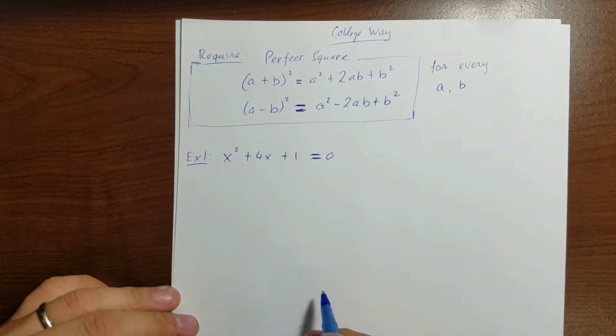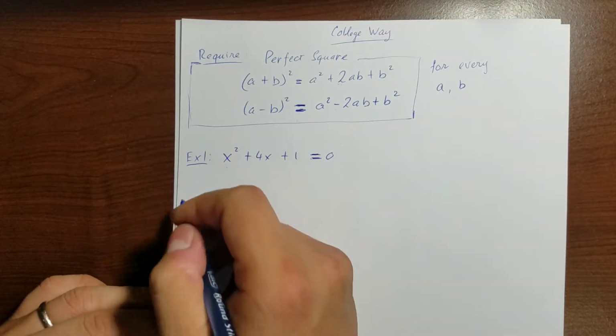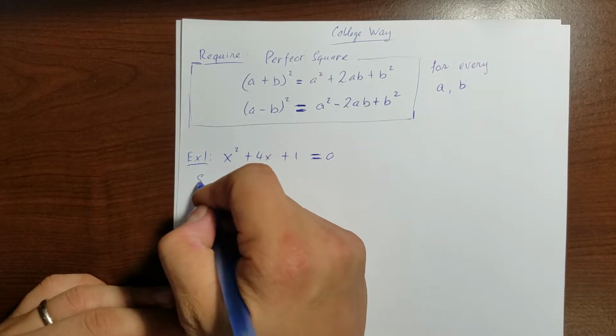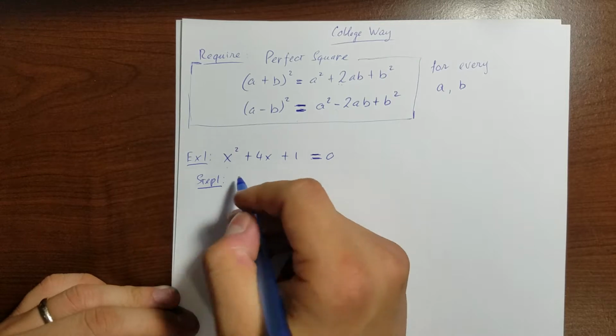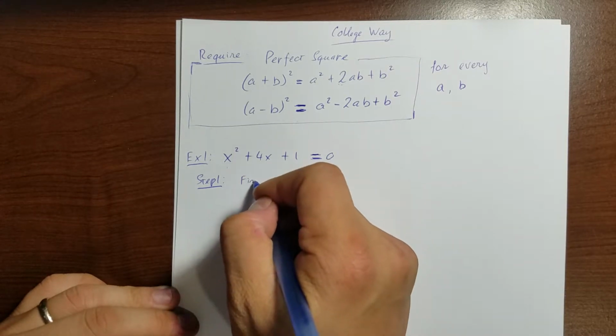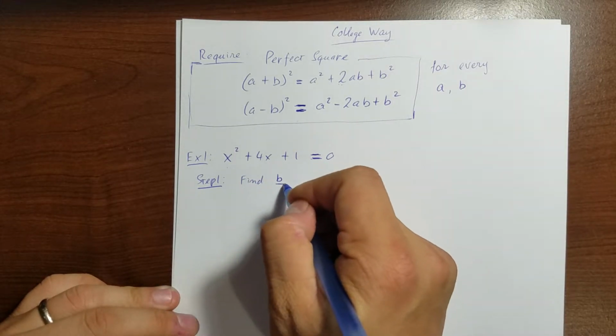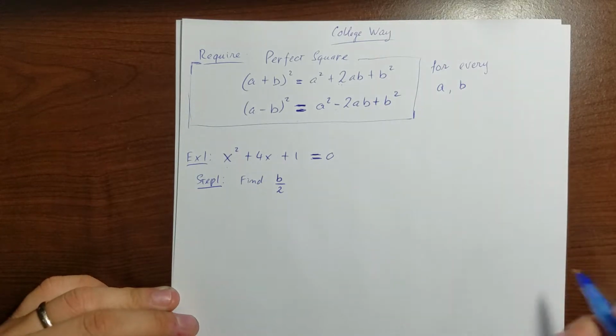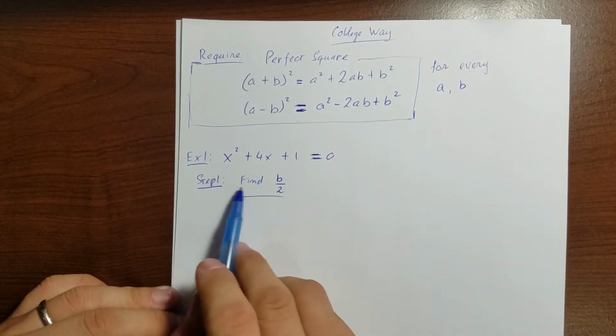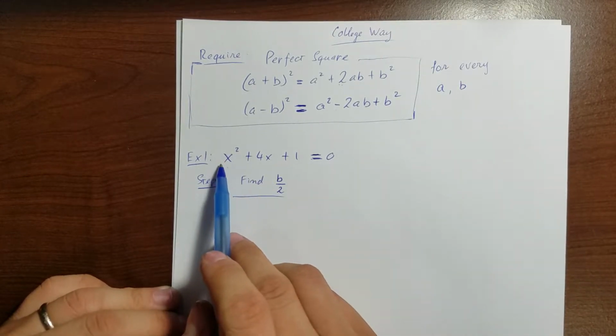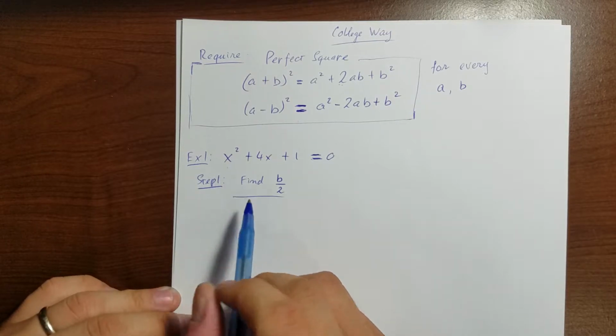Again, for my way, it's very short and direct. All you have to do is step 1: find b over 2. Now this can be done by naming your a, b, and c coefficients from the beginning.